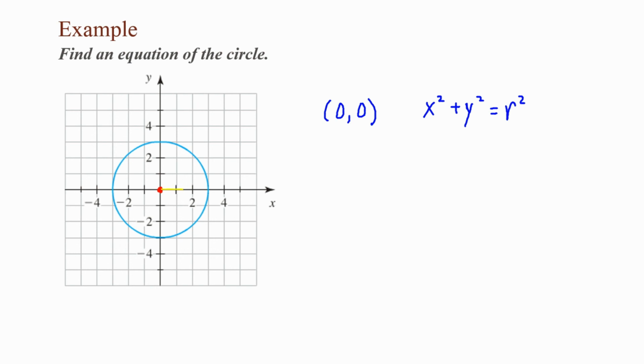Starting at the center, I go 1, 2, 3, and that gets me to the edge of my circle. I'm going to double check this by going up 1, 2, 3, which also gets me to my circle. So that tells me that my radius is 3, which means the radius squared would be 9. The equation of my circle is x squared plus y squared equals 9.